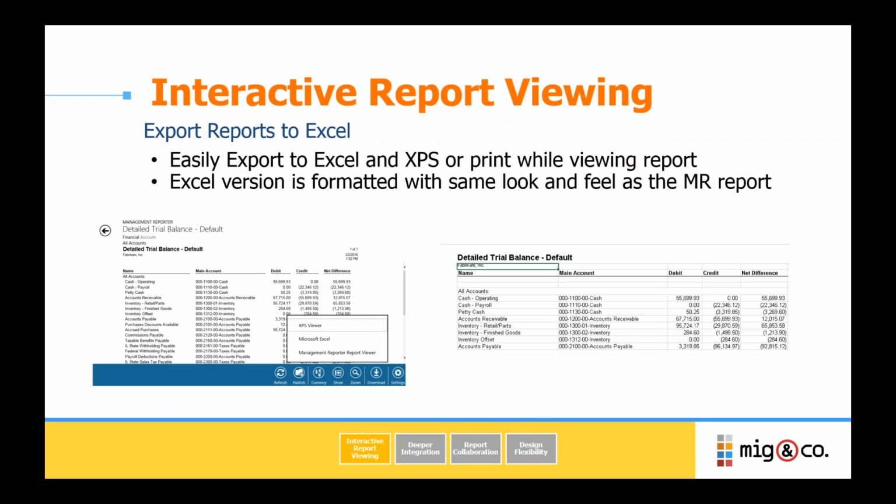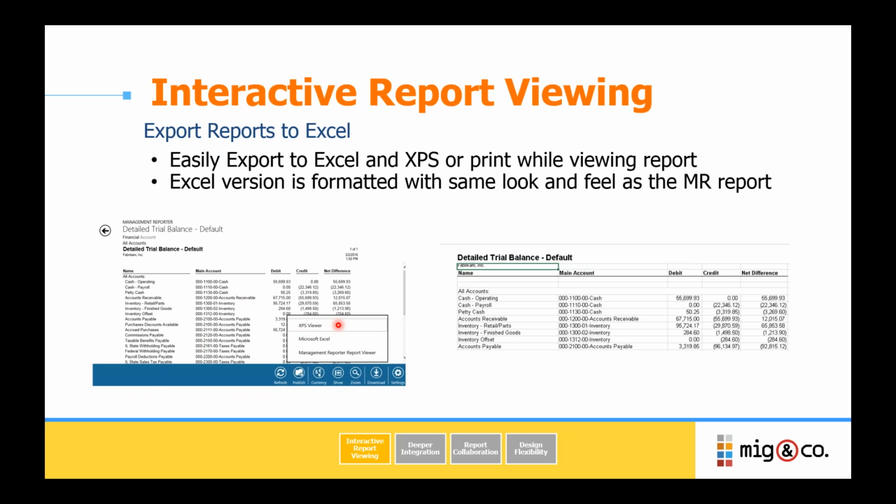While you're viewing the report, as you can see from my screenshot, here's an example of one of the Management Reporter reports displayed inside of the web viewer for Management Reporter. And while the report's on the screen, you can select the download button, and you can see the various options that you have for exporting the report to Excel or XPS viewer.